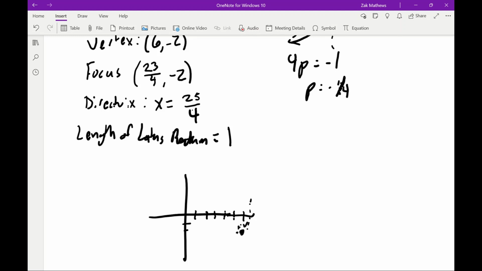And then the directrix, again, just barely a quarter unit to the right. And so then from that focus, I need to travel a full unit, which means I'm going a half unit up and down. Again, very, very slight. If that's a unit, we're only going a half unit. And so we can see we're going to have a very, very tight parabola pointing to the left, which is what we expected.